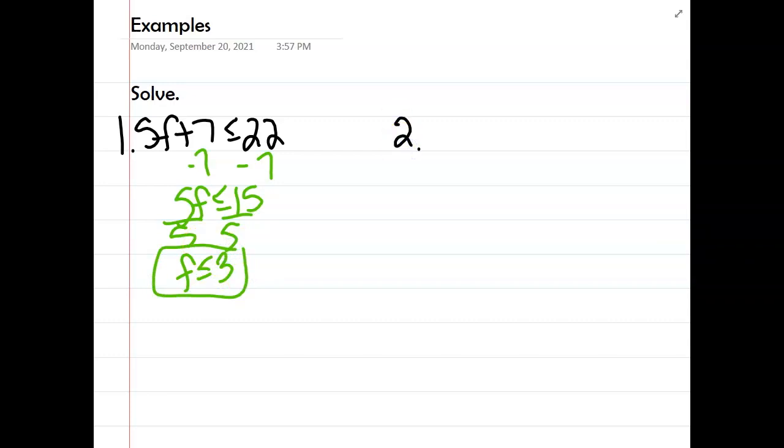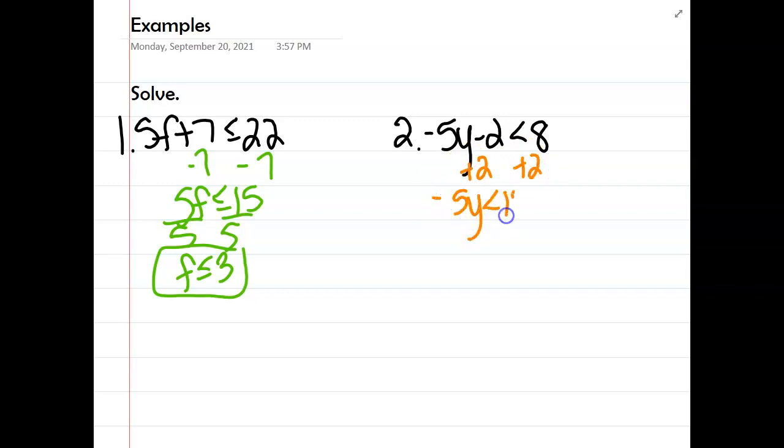Now let's try another 2-step equation. Negative 5y minus 2 is less than 8. Same thing, distribute, combine like terms, get your variables on the same side, all of that stuff is done for you. This is a 2-step equation. So the first thing, to get rid of that minus 2, we would add 2 to both sides.